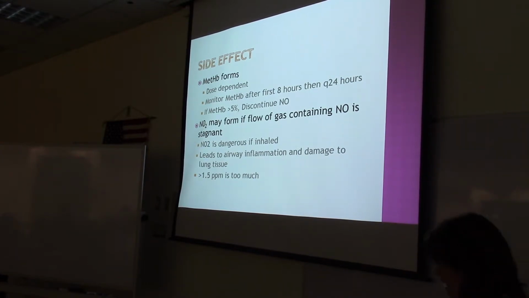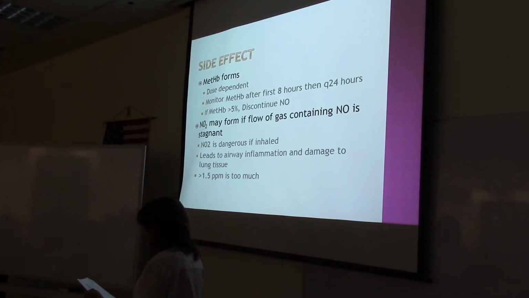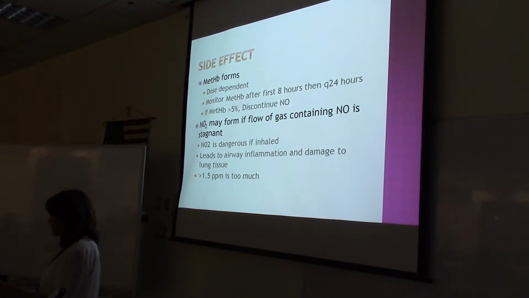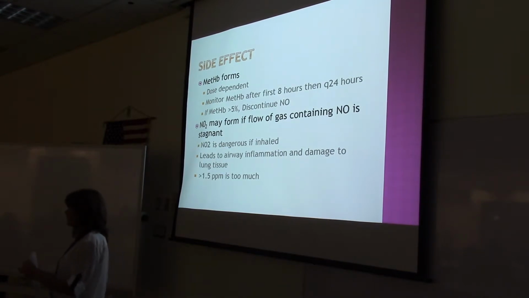The only extra notes I have is that nitrogen dioxide may form if the flow of gas containing nitric oxide is stagnant, and it happens within 30 seconds. So it's not like if you turn the ventilator circuit off and then turn it back on really quick, it's okay.